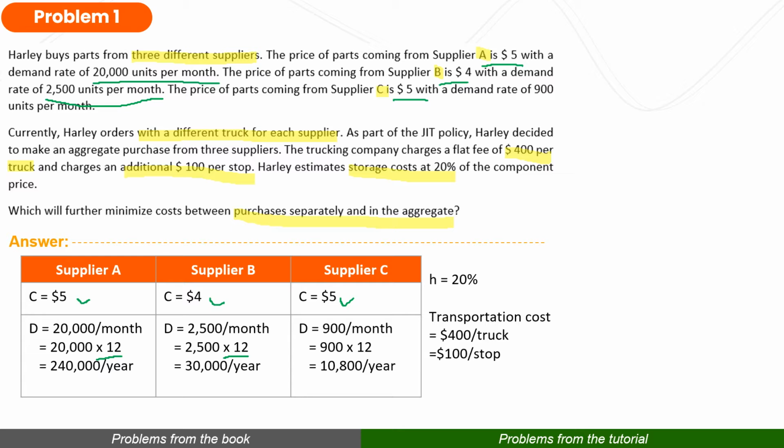And then for the supplier C, the demand is 900 units per month times 12, and we get 10,800 units per year. And then the fraction of holding cost is 20%, and the transportation cost is $400 per truck, and it also has the cost of $100 per stop.